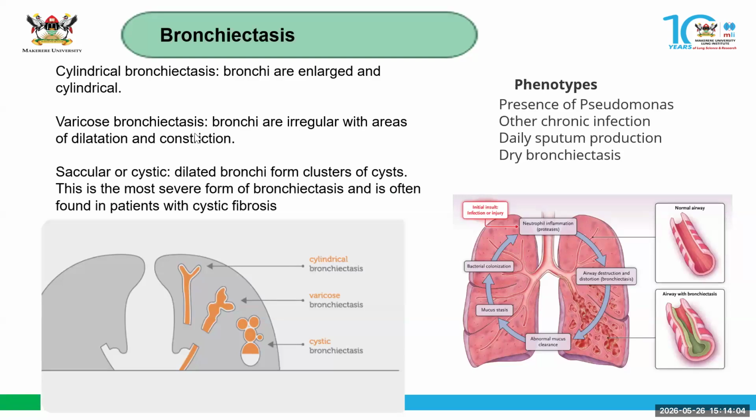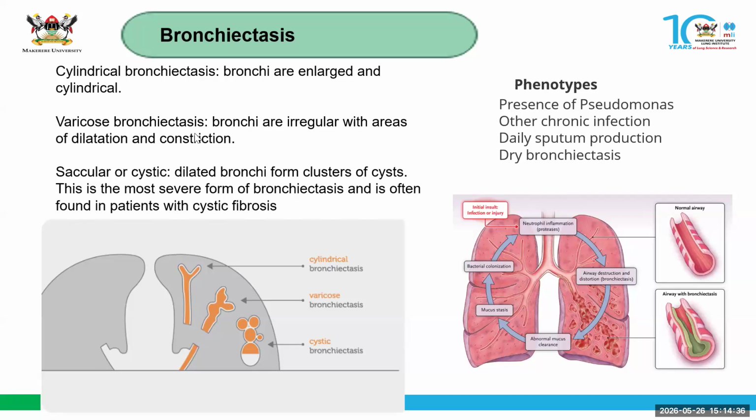This slide just talks about the different forms of bronchiectasis, which could be from cylindrical to circular. So this is a bit more morphological, but phenotypically, we have those that can be categorized according to complications like pseudomonas, and others can be categorized according to the chronicity of how often they come up with symptoms.